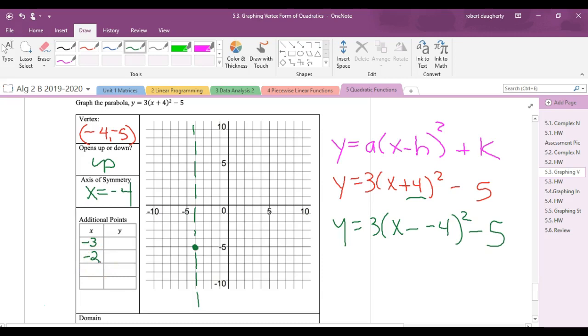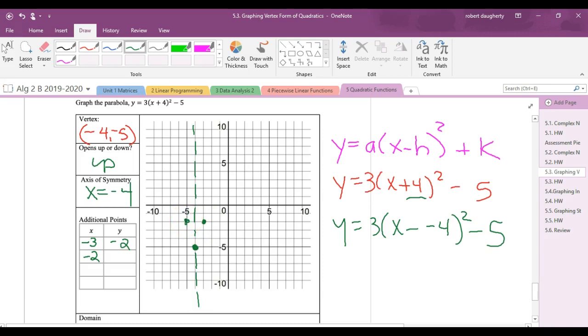What happens when I plug in a -3 here? What's 4 minus 3? 1. What's 1 squared? 1. What's 1 times 3? 3. What's 3 minus 5? Yeah, -2. So -3, -2 is right here. The minute I have that point, I know there's a matching point on the other side of that axis of symmetry.